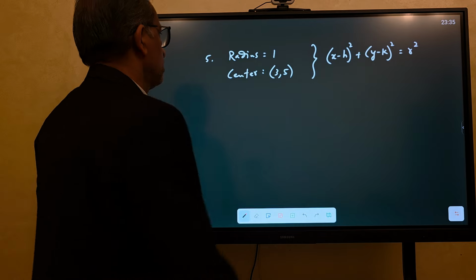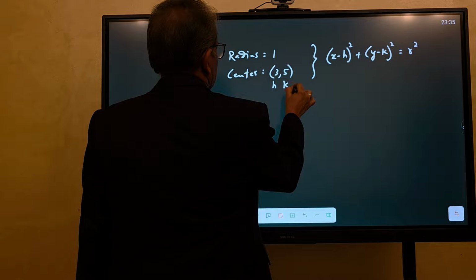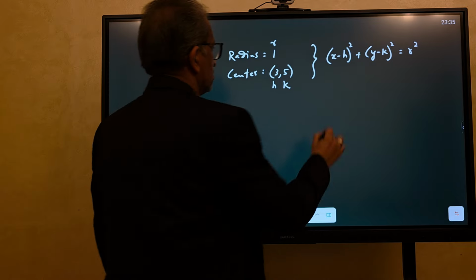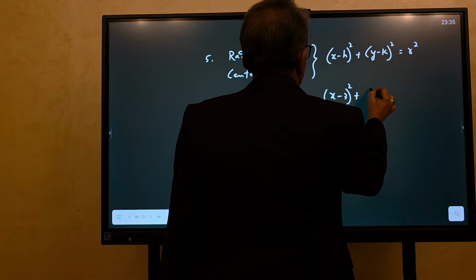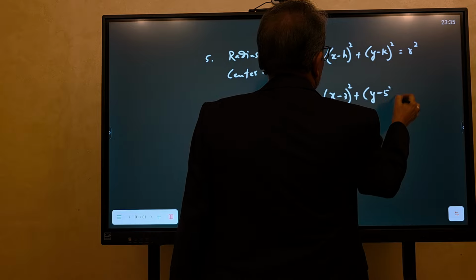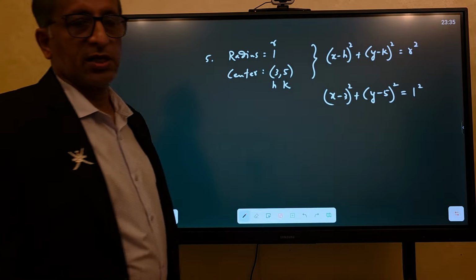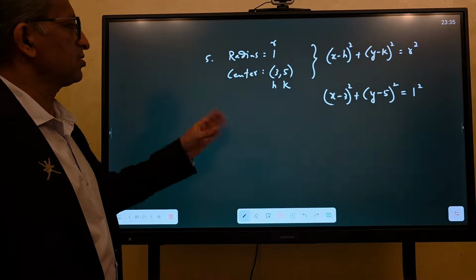What is hk? hk is the center. So this is h, this is k, and this is r. Put this here. What happens? x minus 3 square plus y minus 5 square equal to 1 square. So that's the equation of the circle where the center is not origin.